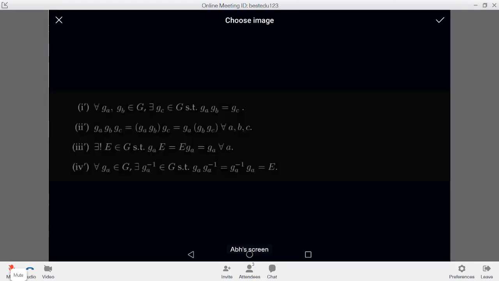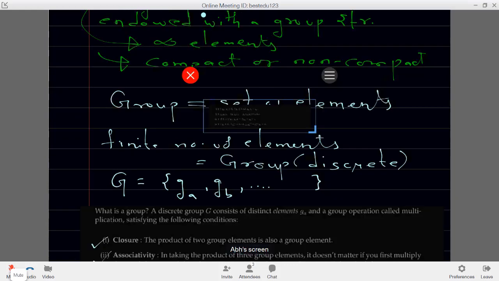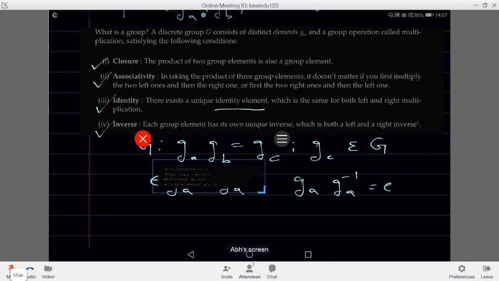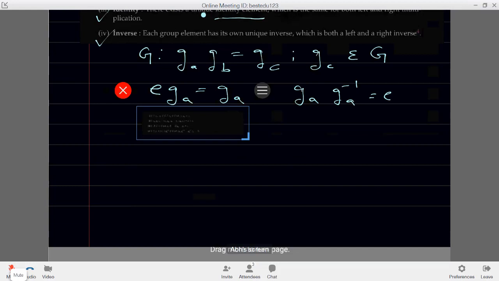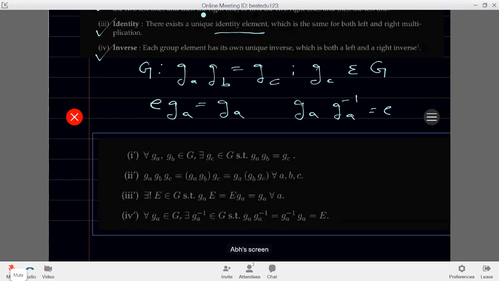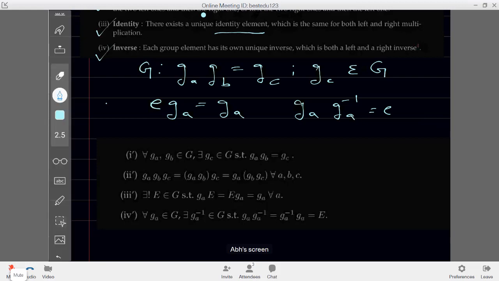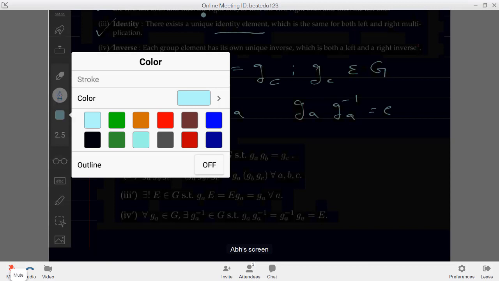So I think I have one more definition I can put here: the mathematics of group theory. Let me put it below. Okay, you can look here, the mathematics. A quick look. This is closure property.